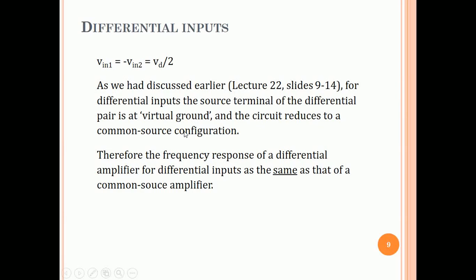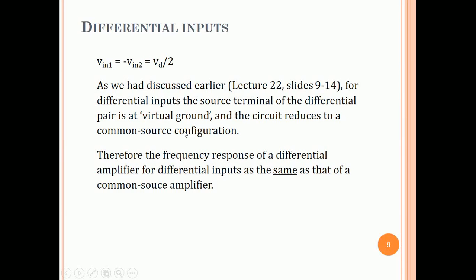and because it is at zero potential, the circuit basically reduces to a common source configuration. Now the same thing holds even if the frequency is high, because the symmetry or the anti-symmetry is not disturbed by the presence of capacitance. So the virtual ground still holds, the source terminal is still at zero AC potential, and therefore the circuit reduces to a common source amplifier even for high frequency analysis.